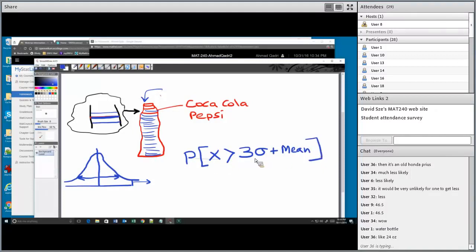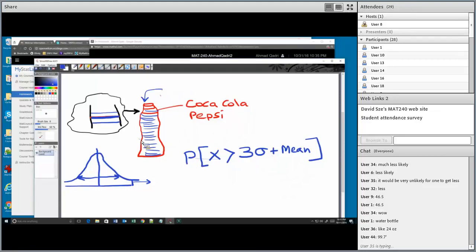You can calculate this. If you have a mean and 3 standard deviations, at 3 standard deviations the bottle is going to overfill. Well, what is that probability? Now you know how to calculate that.